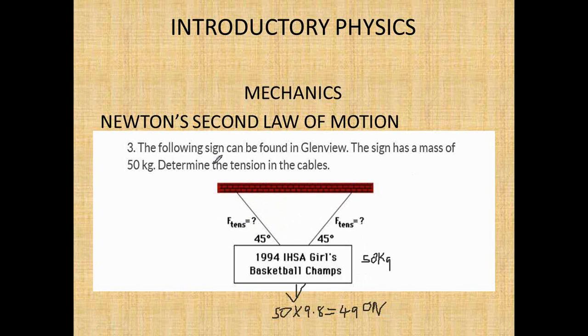You can resolve the tension into its vertical component and its horizontal component. So the vertical component is going to be half of the force due to gravity of the frame. Half of 490 is 245.